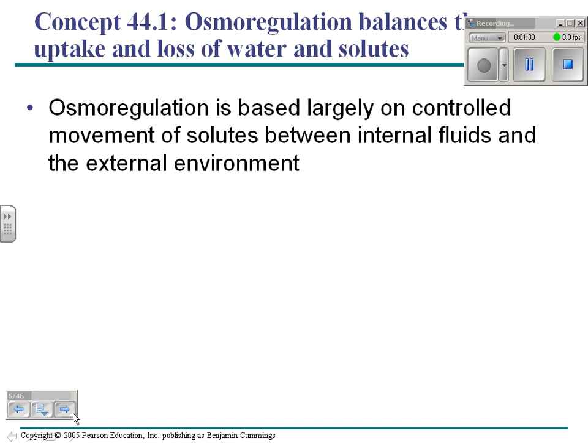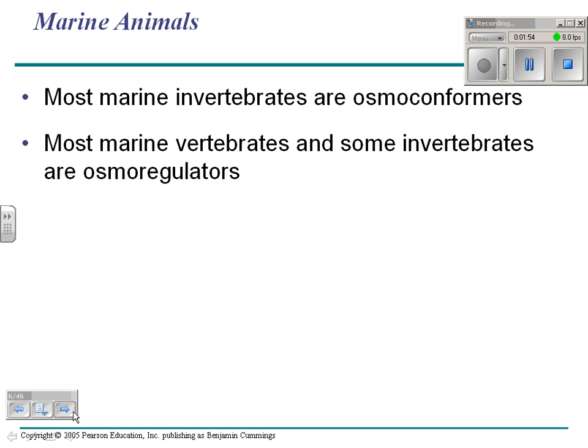So osmoregulation is based largely on controlled movement of solutes between internal fluids and the external environment. The key here is controlled movement. It's the controlled movement we're going to talk about. If you think about a saltwater animal, if you're a saltwater invertebrate, you're an osmoconformer.